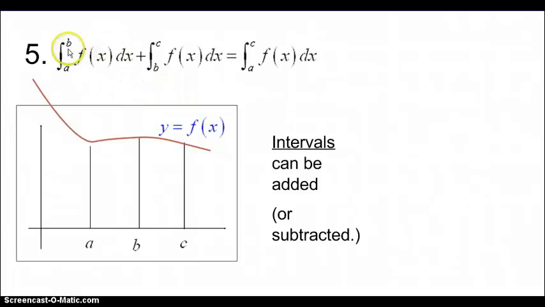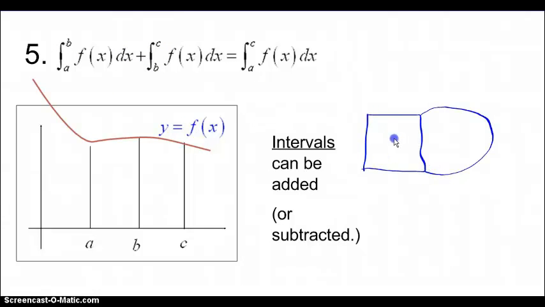Now this has to do with our intervals of integration. I can add up this area, and I can add to it this area, and when I take area 1 and add to it area 2, the total area will be the sum of those areas.